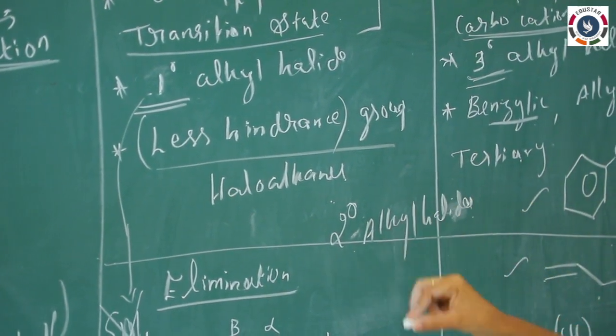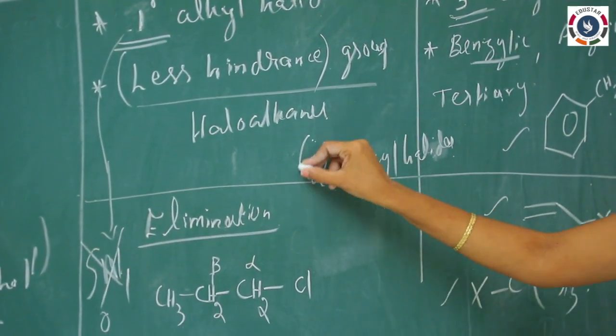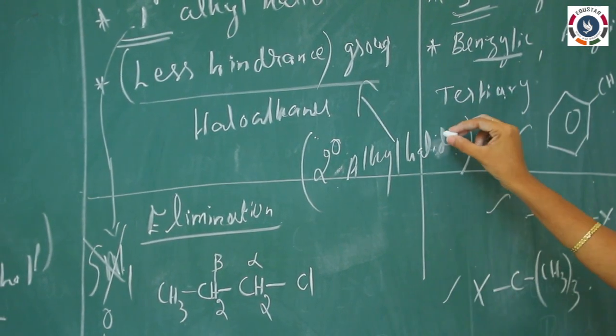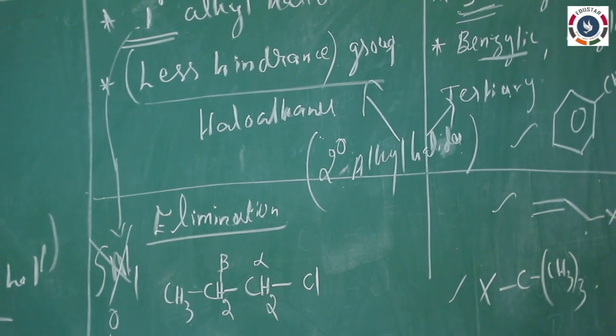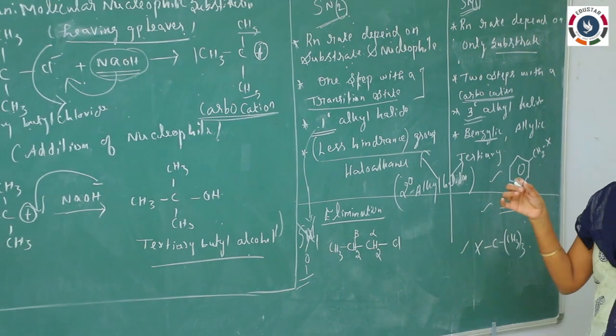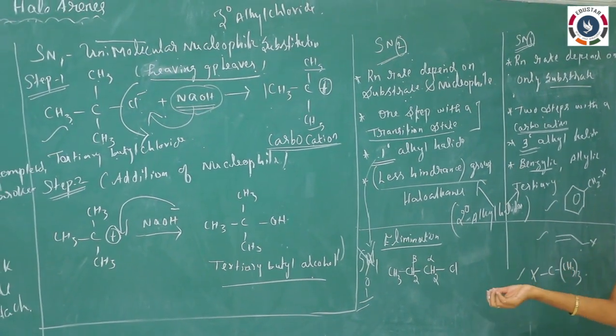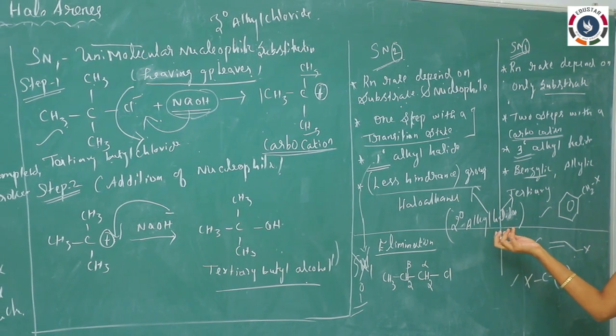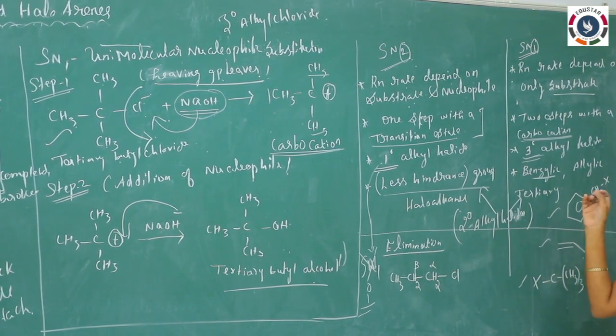What about the secondary alkyl halides? These secondary alkyl halides can go for either the SN1 reaction or the SN2 reaction. The particular reaction conditions may influence the secondary alkyl halide to choose the path.